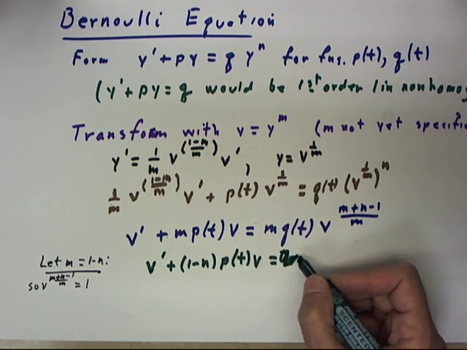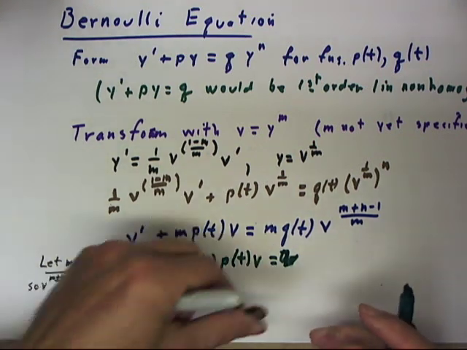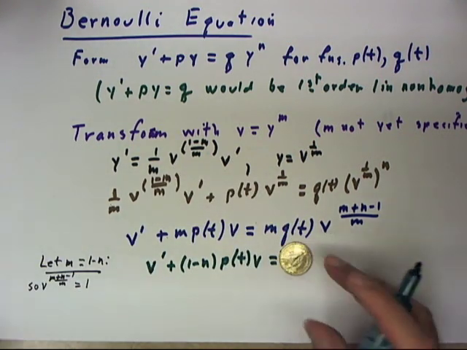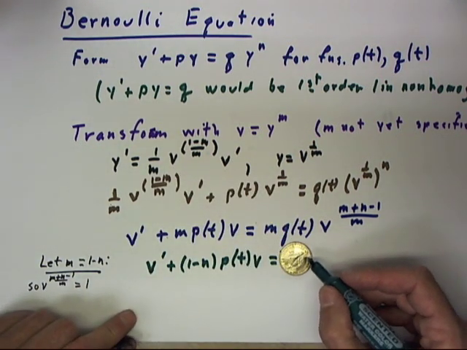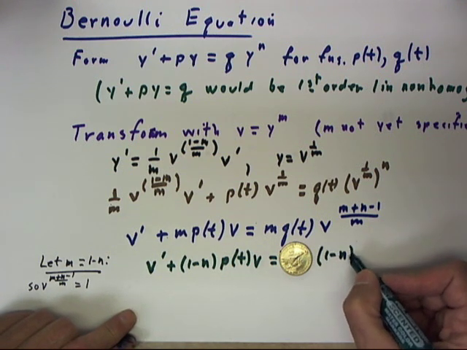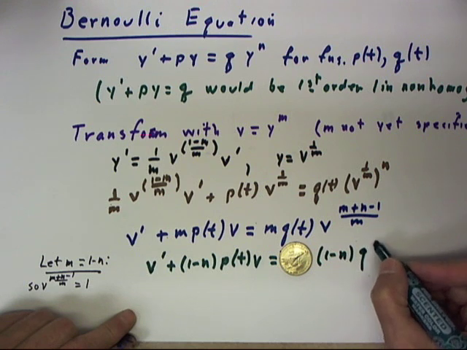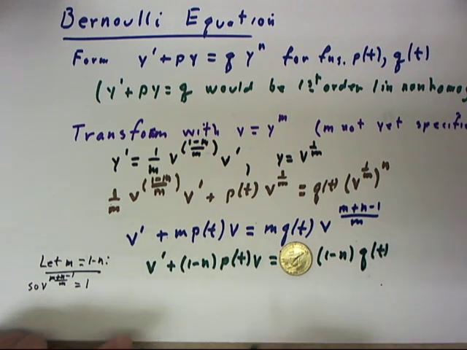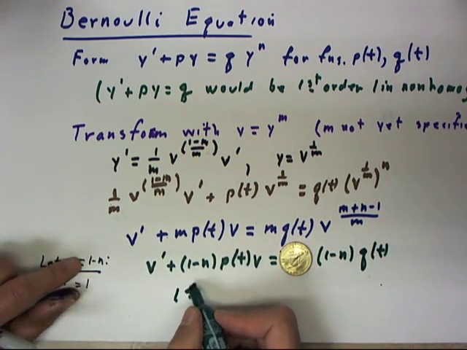Let's just wipe it out. We've got room for it here. Okay, equals quantity 1 minus n times q of t.